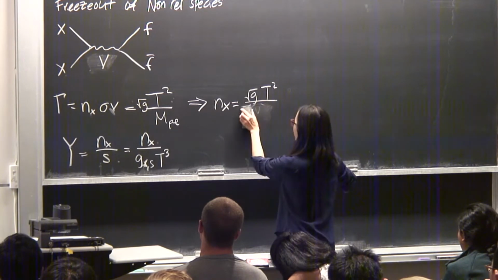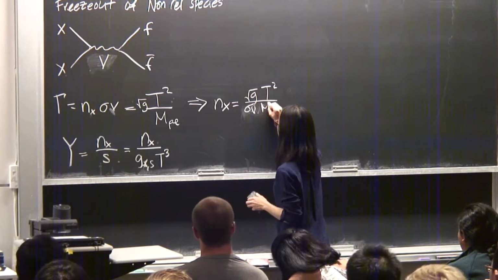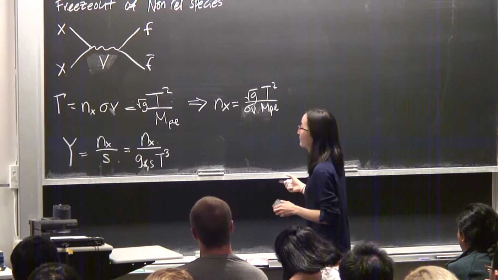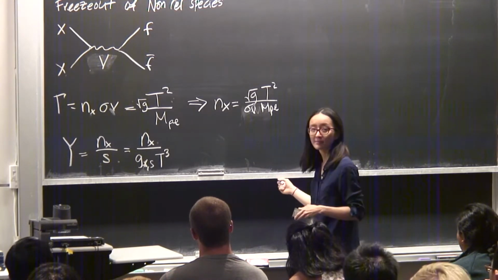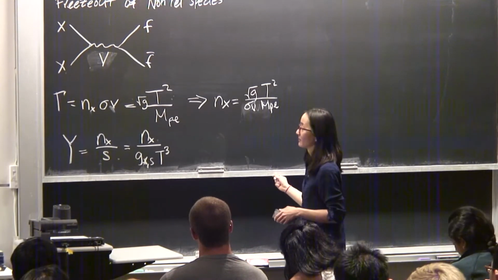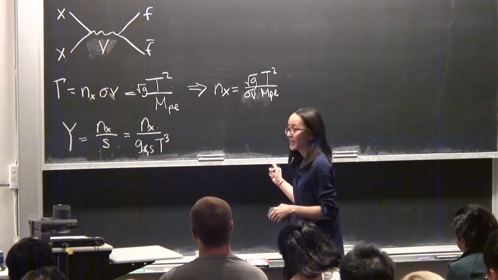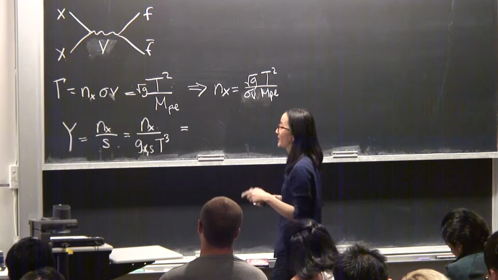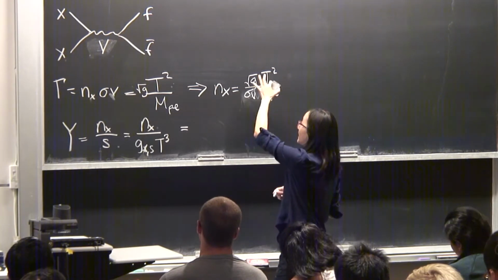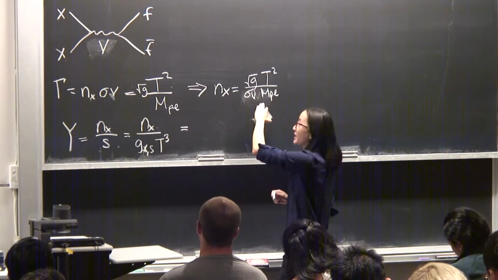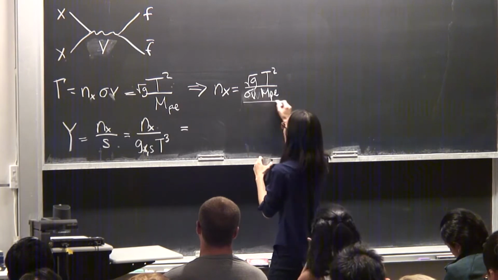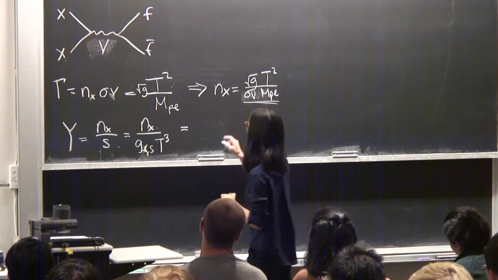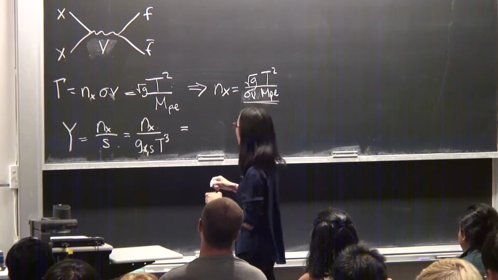I'll just write sigma. Without really saying anything about the non-relativistic behavior of this number density, I'm just going to immediately replace this dark matter number density at freeze-out with what it has to be, by the definition of freeze-out, in terms of this cross section.